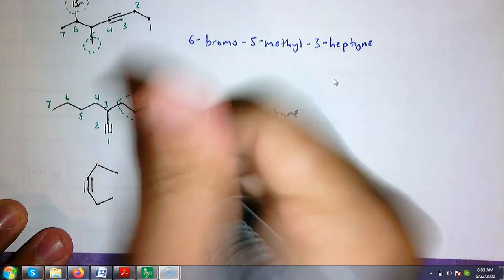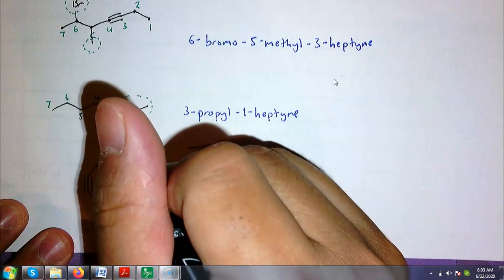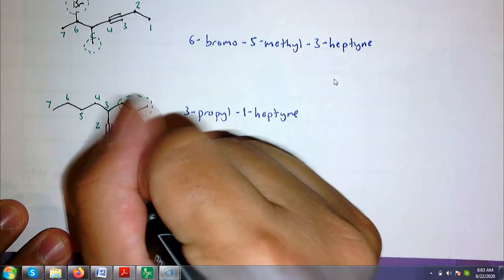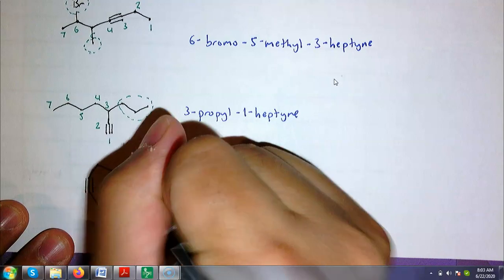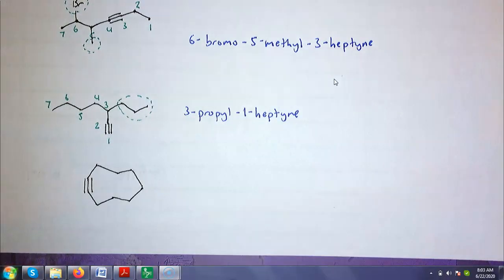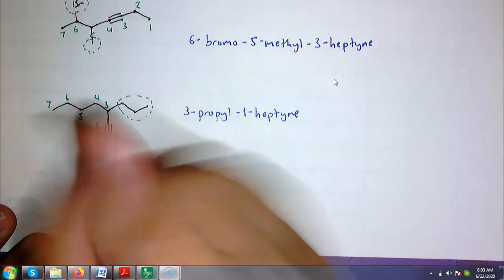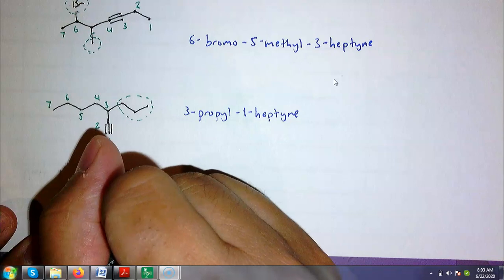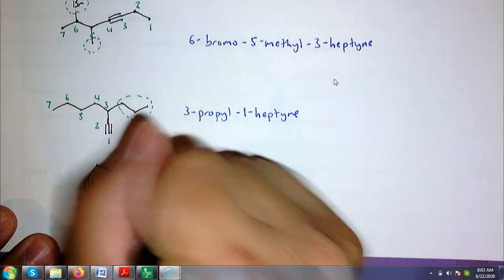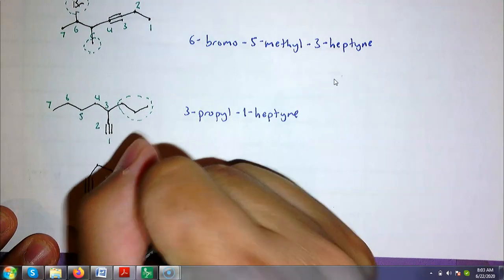And I'm drawing this. Okay, so that's a triple bond. Why don't we put a substituent? Let's try isopropyl right here.